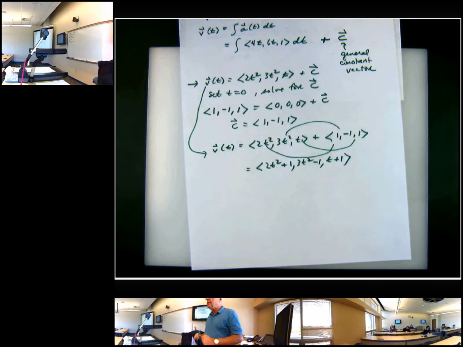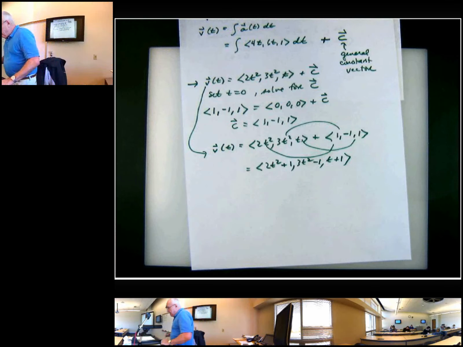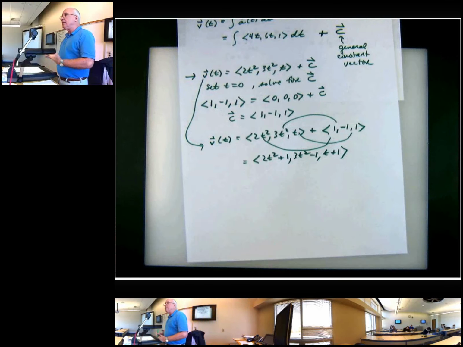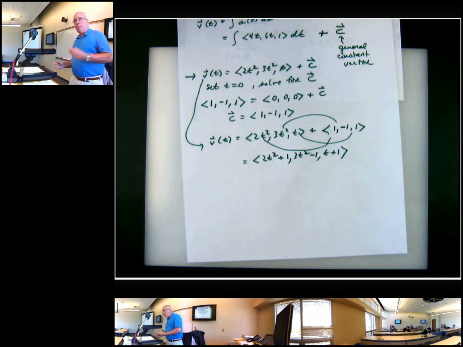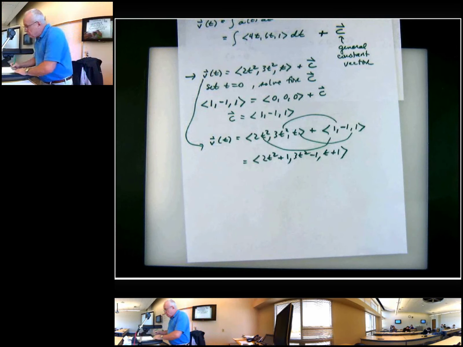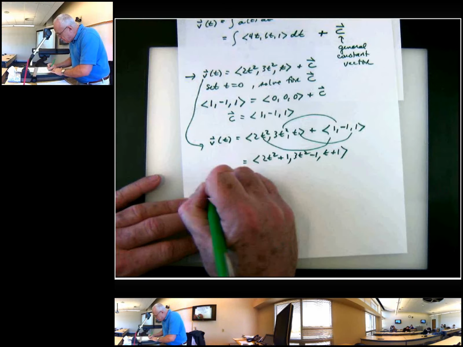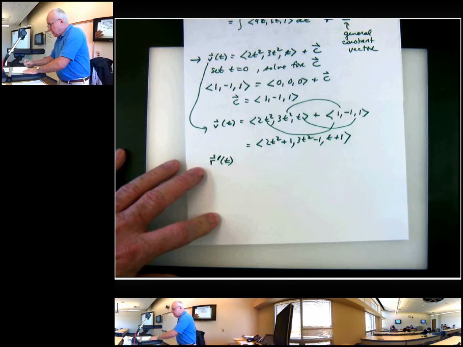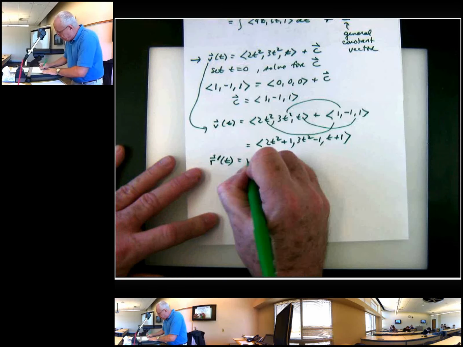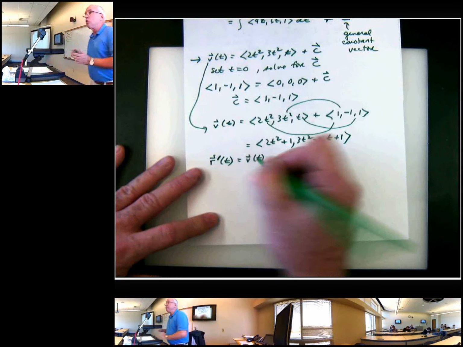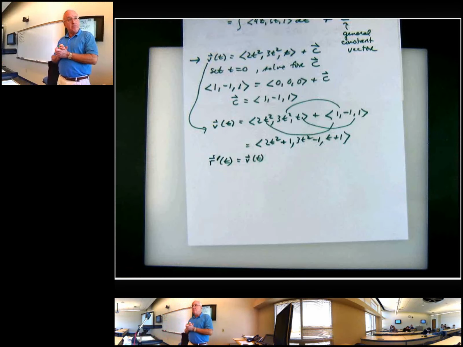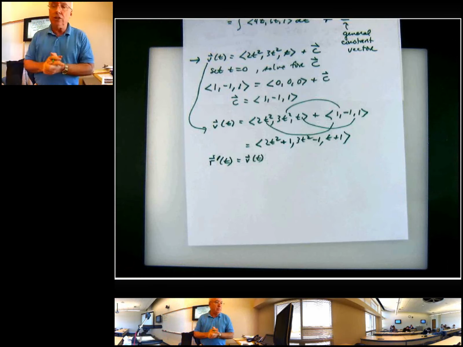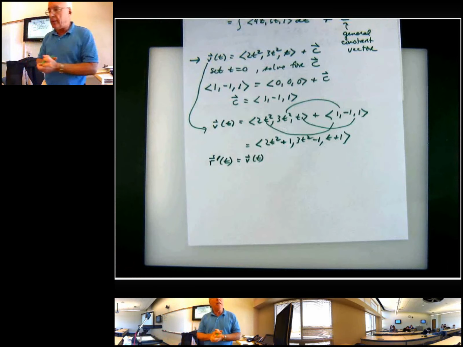Okay, that's our velocity. Now, we realize that the velocity is the change in position over time. So we use the fact that the derivative of our position vector is equal to the velocity vector. All right? Change in position over time is equal to velocity.